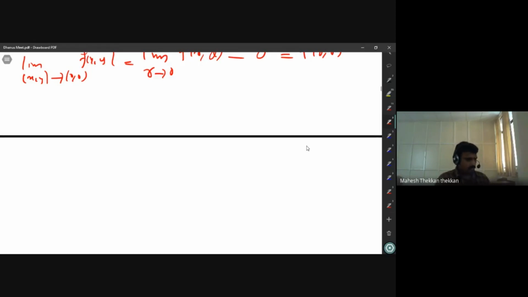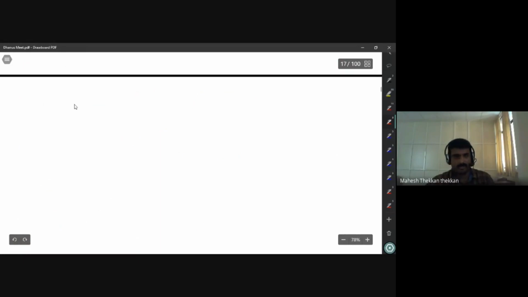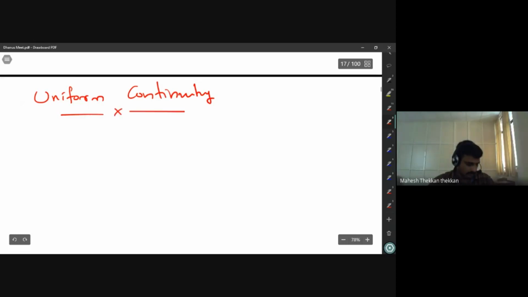Okay, now let me go to something called uniform continuity. You might have seen this for the single variable case, so just recall what you have done in single variable.